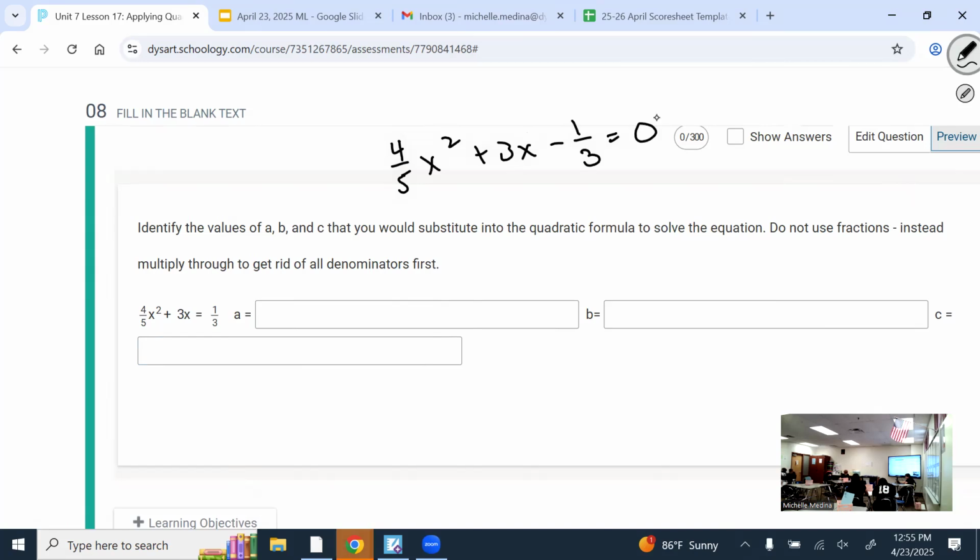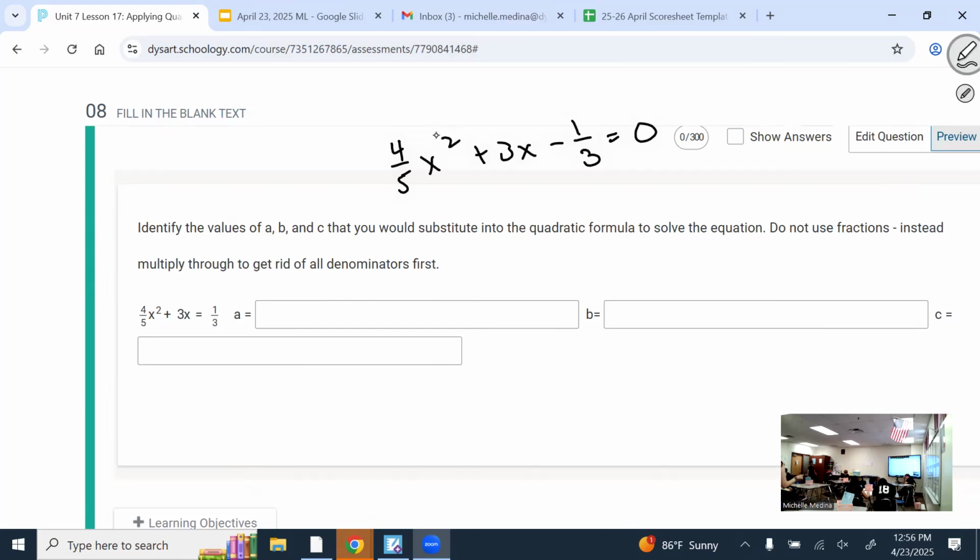But to follow the directions of getting rid of the fractions by multiplying, I've asked you this like semester 1, it's just been a while. How can you make any fraction not a fraction anymore? How can I make 4/5 a whole number?